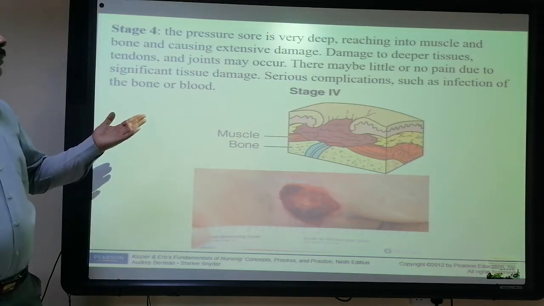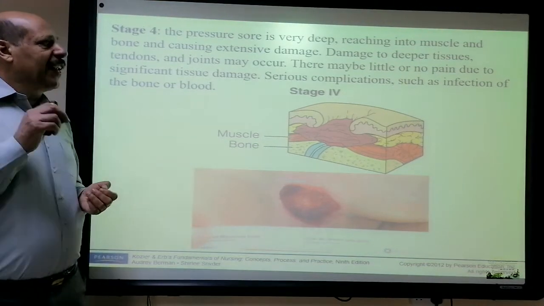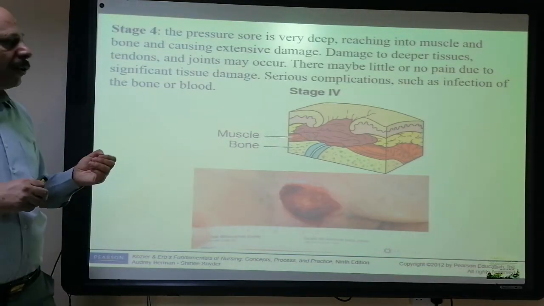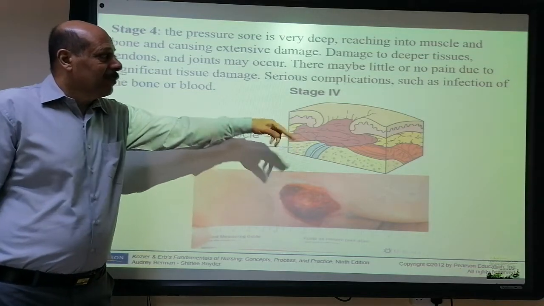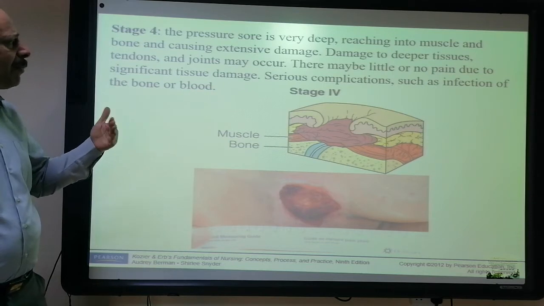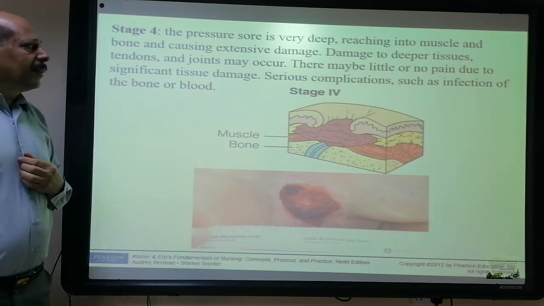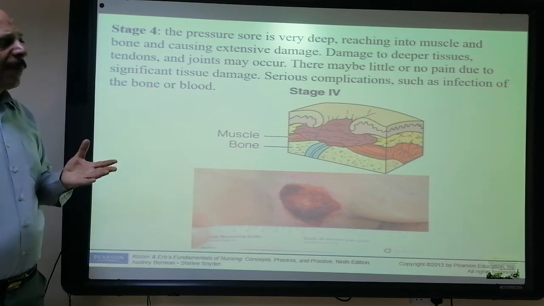Stage 4, the pressure sore becomes very deep and reaches into the muscles underneath the skin, and it might also reach the bone, causing extensive damage.